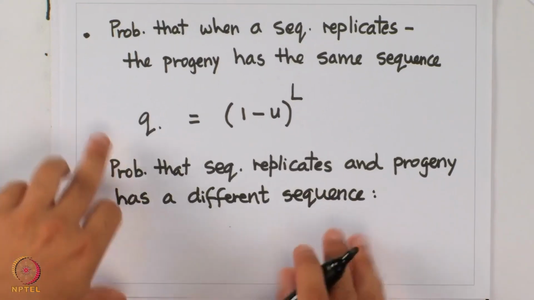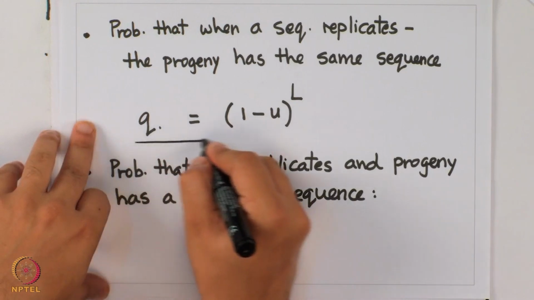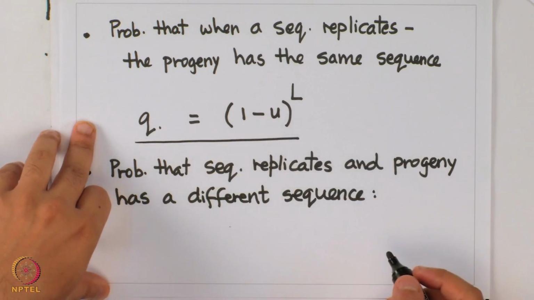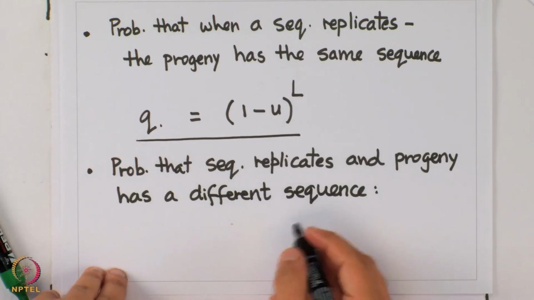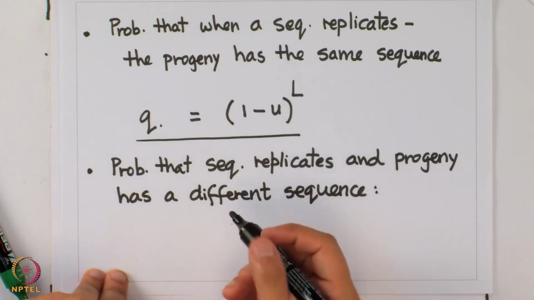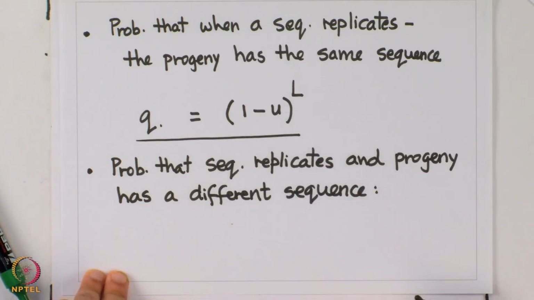If this is the relationship for the fact that the progeny has the exact same sequence as the parent, the probability that the progeny has a different sequence is just equal to 1 minus the probability that the progeny and the parent have the same sequence.